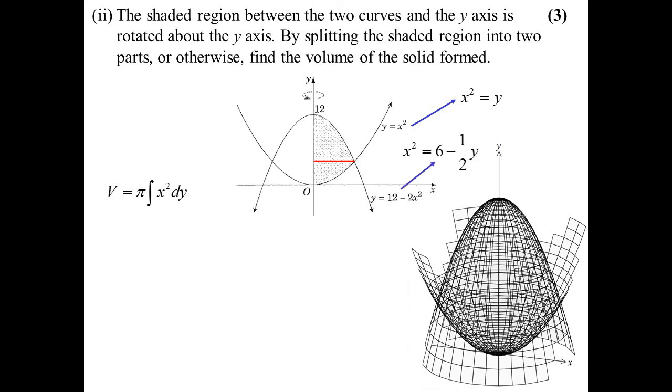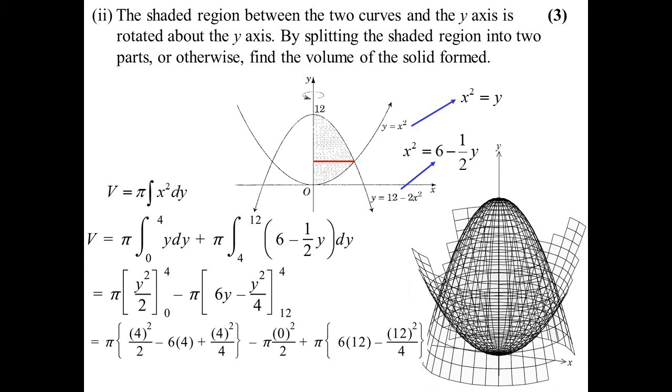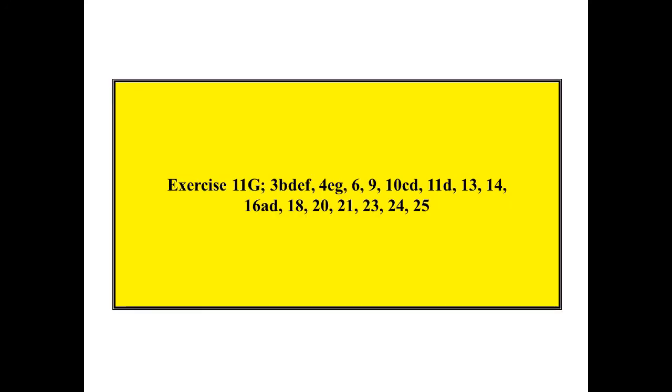The other one becomes x squared is 6 minus a half y. So I have the two integrals, one going from 0 to 4, yep, good. So 0 to 4 on the y dy. Second integral, 4 to 12, sub in. There we go. We end up with 24 pi units cubed. 11G.